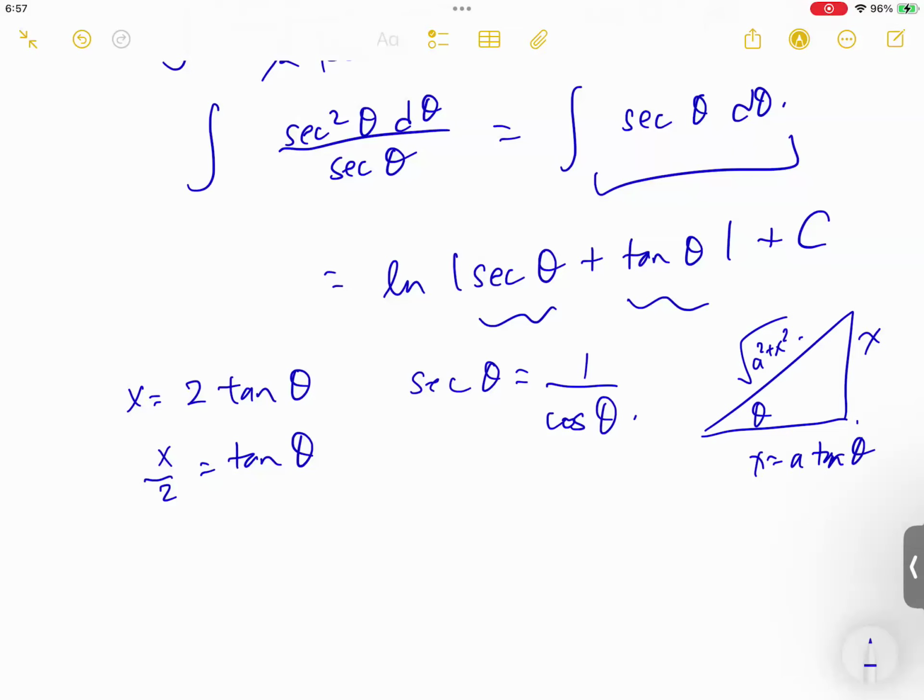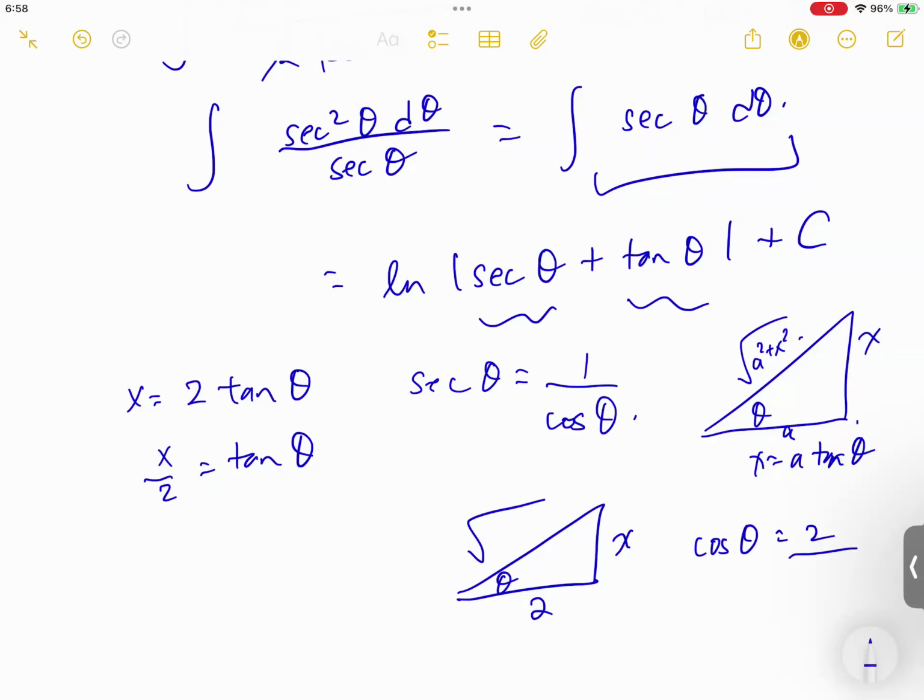Okay, so for us, we had tangent theta was opposite x over adjacent, which was a, which is 2 here. This was a here. And then if you want to get cosine theta, it is adjacent over this hypotenuse.